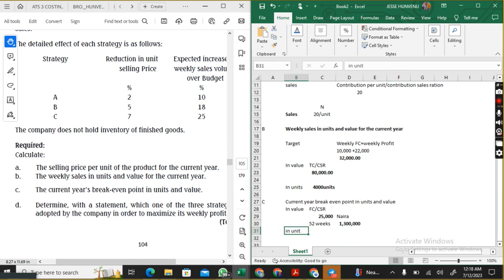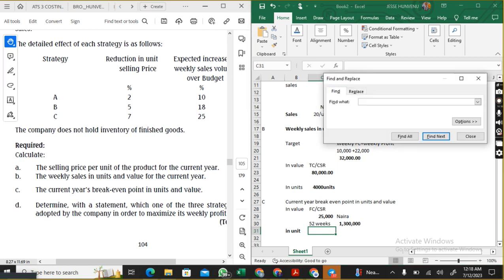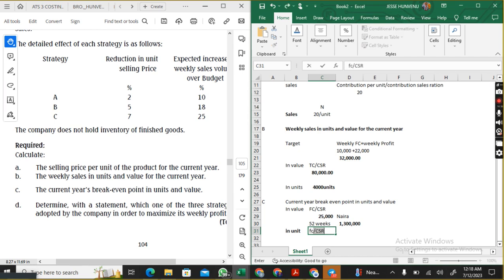That's right. The formula is very important in the exam. Fixed cost divided by contribution per unit.